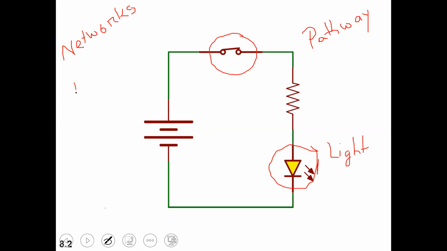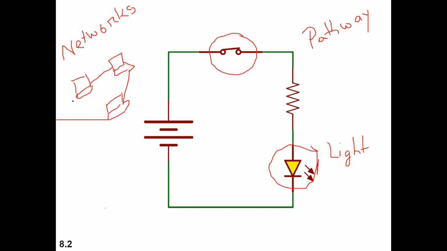I'm just going to draw a very basic network over here with 3 devices. Guys, you have to forgive me for my poor drawing skills. So we have 3 devices. Let me just mark them 1, 2, and 3.